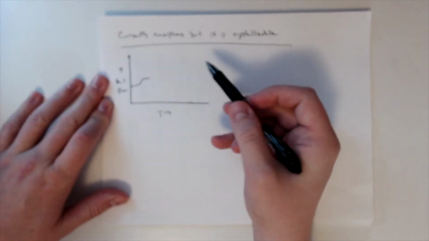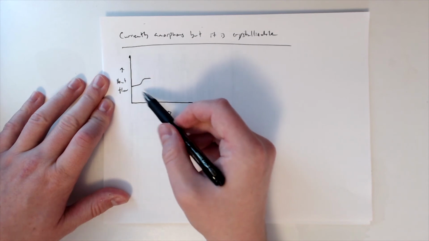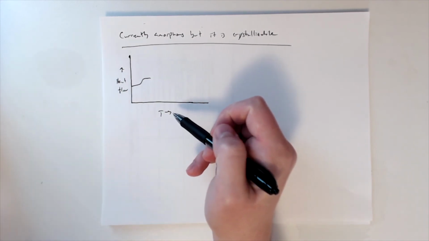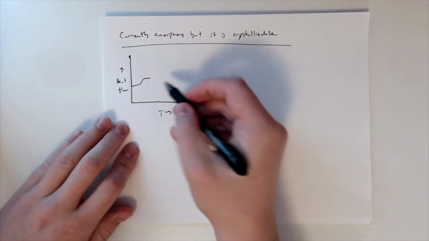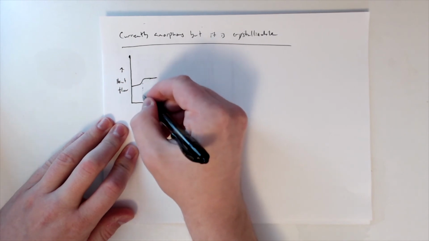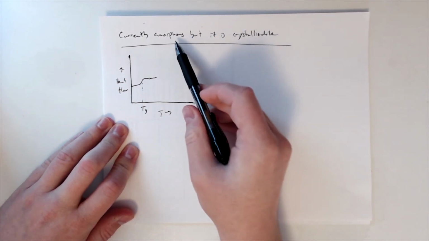Again, it has a Tg, but it may not be discernible on the curve here if the temperature range is low. So you have to consider the range in this case. But let's say that we can see it. So the Tg, and then it's amorphous, but it can be crystallized.